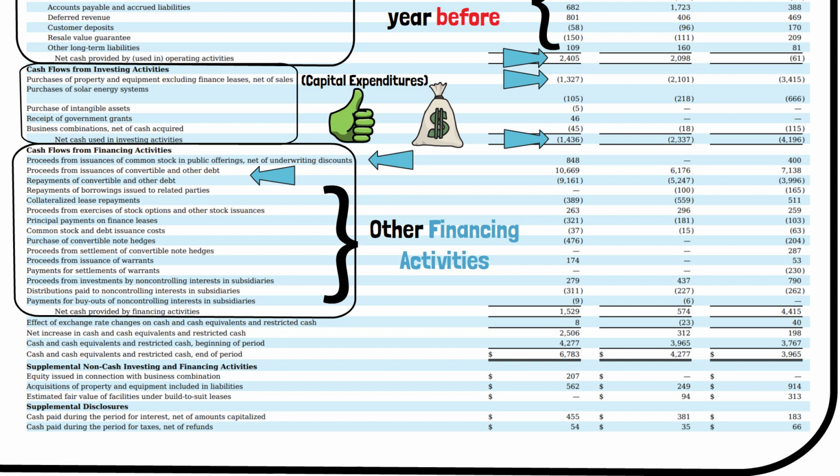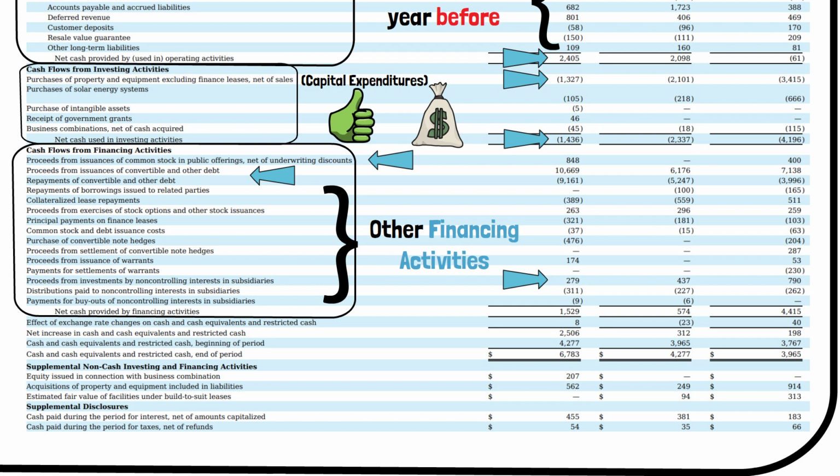If Tesla were to pay a dividend, it would be shown in the cash flows from financing activities section, and if Tesla owned part of another business, it would show up in this section too. Tesla happens to own part of another business, and you can see they received $279 million from non-controlling interests in subsidiaries in 2019.